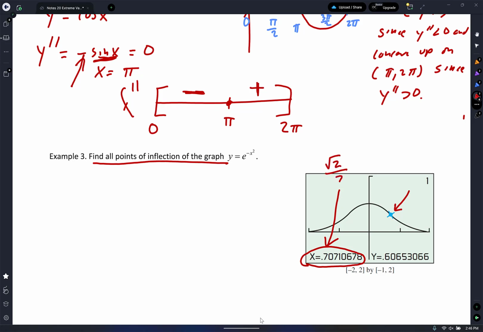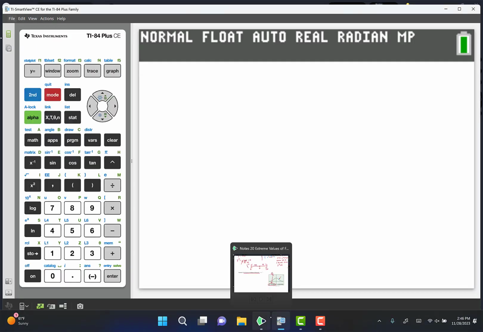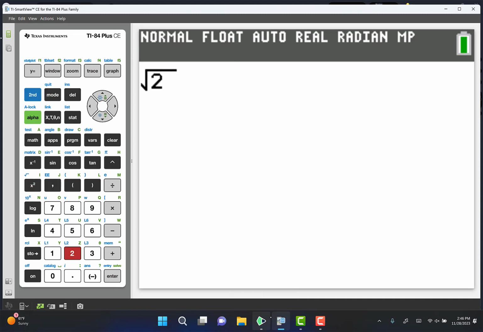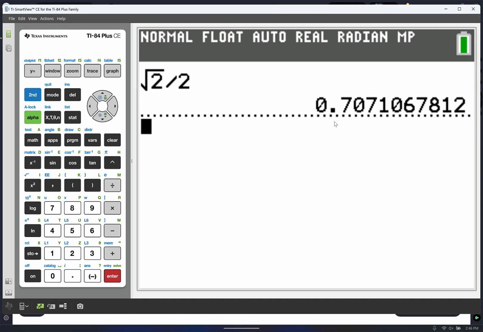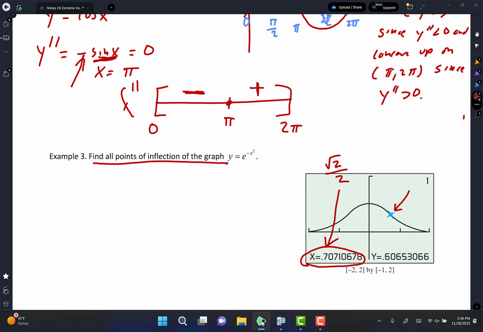I think that's square root of 2 over 2. Let's type it in real quick. Square root of 2 divided by 2. See? 0.707. If you recognize that, that's cool, but if you don't, that's fine. We're going to get it. How are we going to get it? We're going to take the derivative how many times?